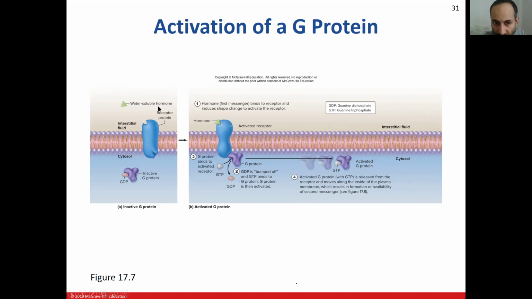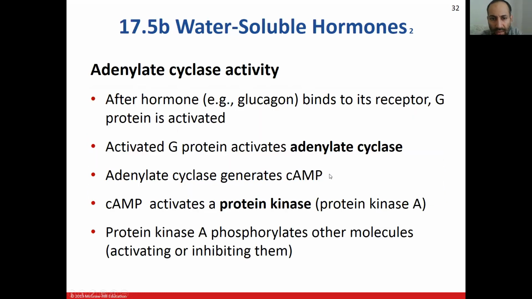So as you can see, this is a much longer process than the steroid hormones. The steroid hormones were able to pass directly across the cell membrane, get to your DNA, cause DNA changes in protein synthesis, right? But the water-soluble hormone has to go to the receptor protein, then the G protein, then the second messenger, which is the GTP, as you can see here. So it's a much longer process, okay?